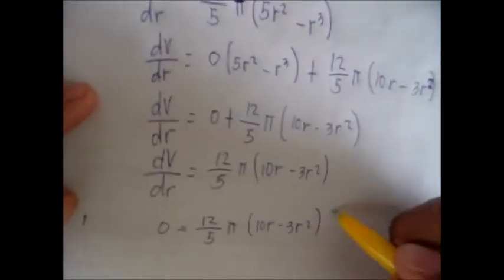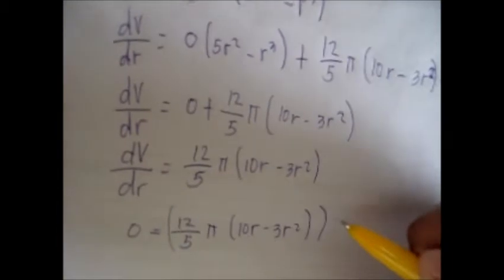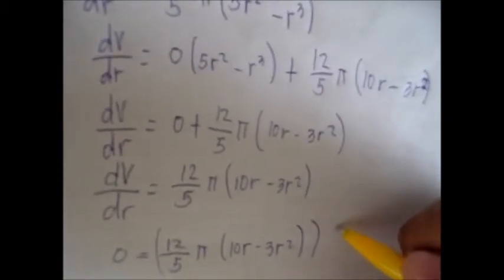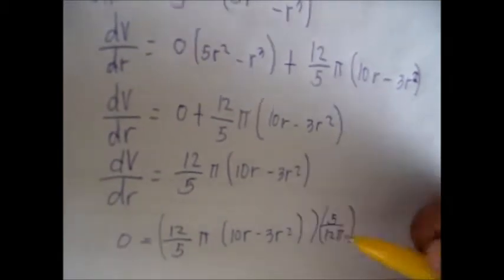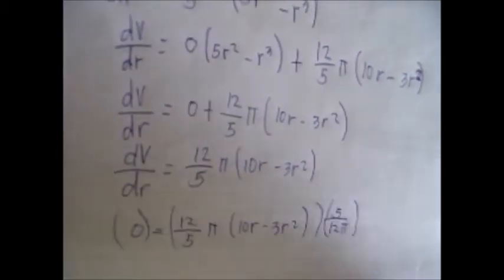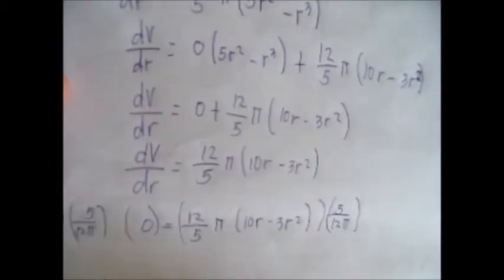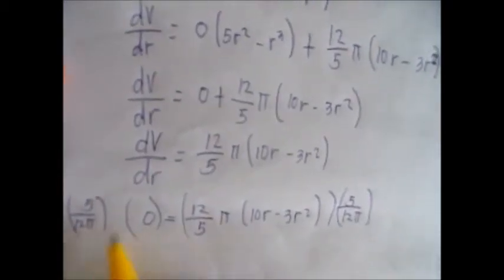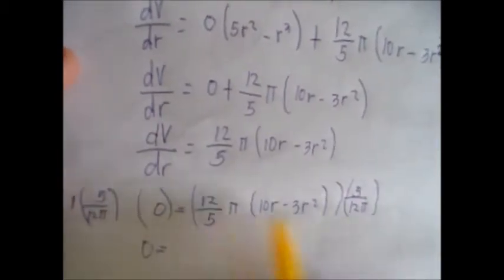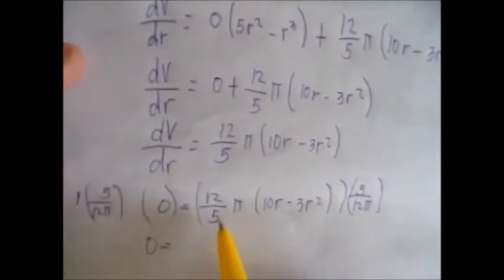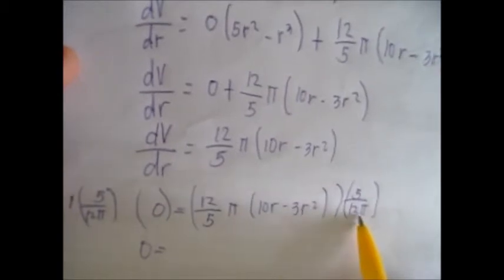Multiplying both sides by the multiplicative inverse, 5/(12 pi), we get 5/(12 pi) times 0 is equal to 0, and 12 pi/5 times 5/(12 pi) is equal to 1.